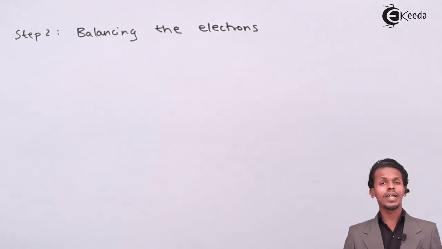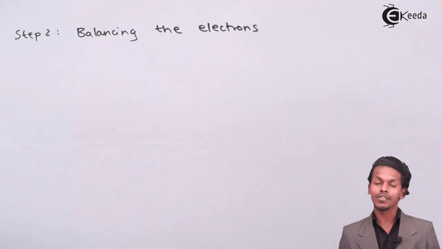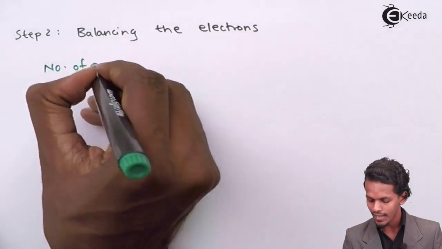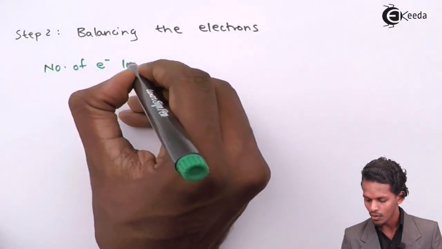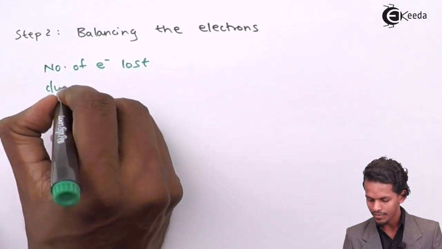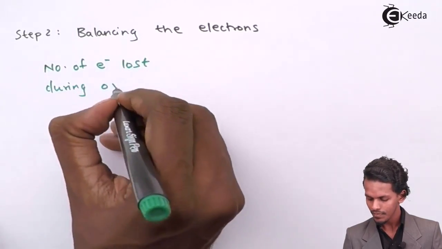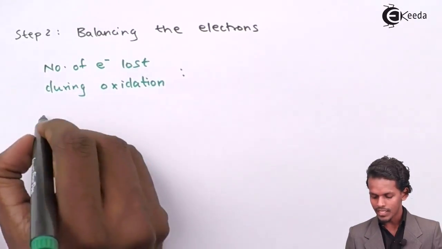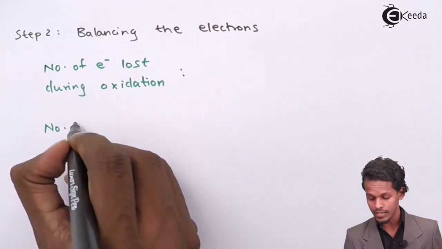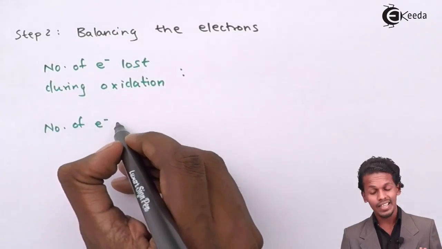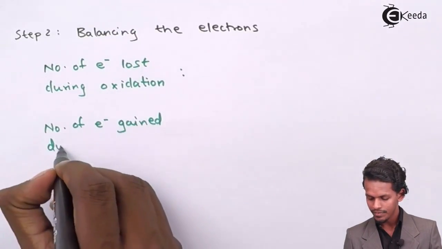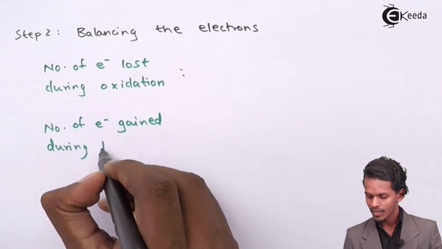In this case, as we know that electrons are lost during oxidation, I would write it as the number of electrons lost during oxidation, while electrons are gained during reduction.